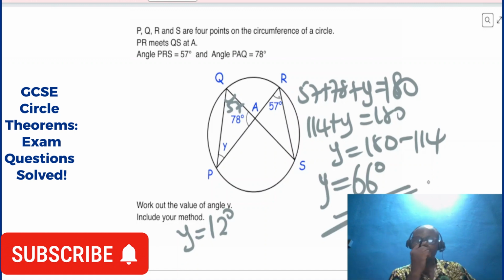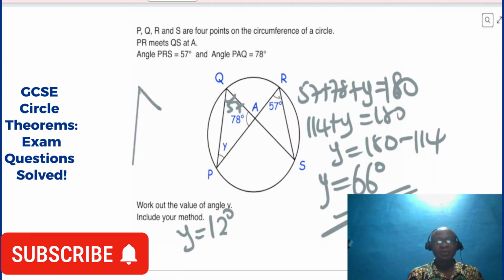Okay, I see where I went wrong. So it is a triangle there. Since they gave us that here is 78, and you use a theorem to confirm that here also should be 57, applying angles in the same segment.